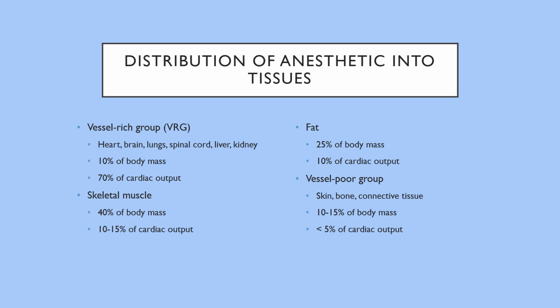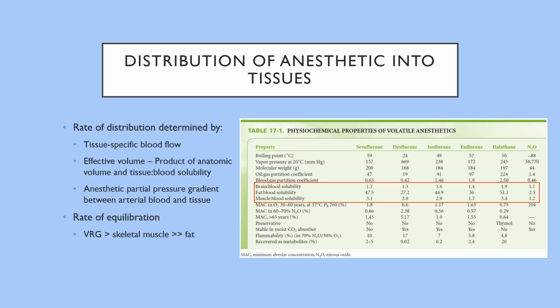While technically there are 4 tissue groups, we traditionally think of 3 main groups of tissue for anesthetic distribution. That's the vessel-rich group, the skeletal muscle group, and the fat group. The rate of distribution of anesthetic into each tissue is determined by the tissue-specific blood flow, or the cardiac output, the effective volume of the tissue, which is a product of both the anatomic volume and the tissue's blood solubility of the anesthetic agent, and the anesthetic partial pressure gradient between arterial blood and the tissue.